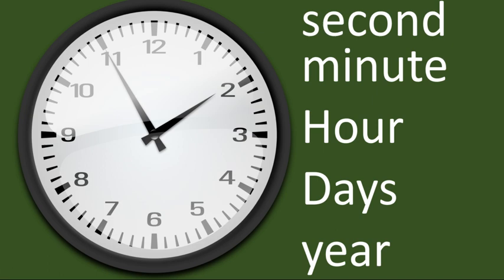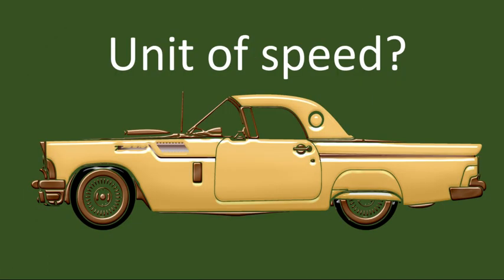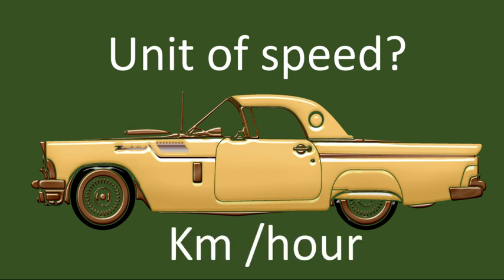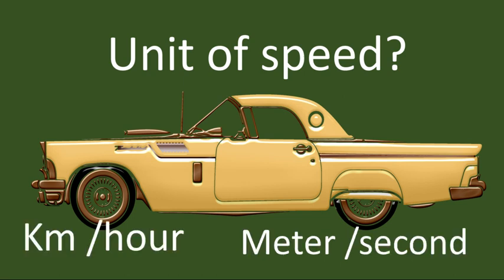Right? Now one more physical quantity we'll take up now. Speed. Speed is a physical quantity. And what is the unit here? Kilometer per hour. But is it only kilometer per hour? Meter per second also. So now we have seen here few examples of physical quantities and their units.